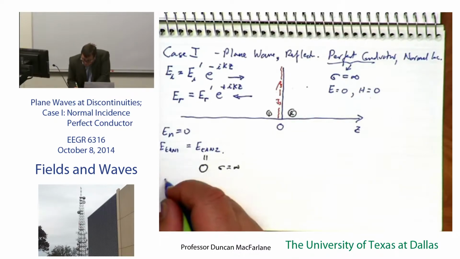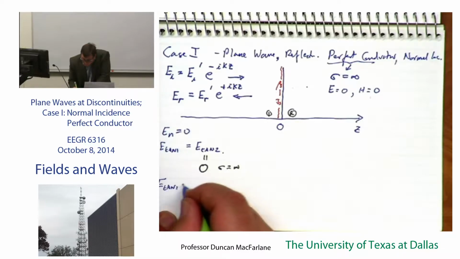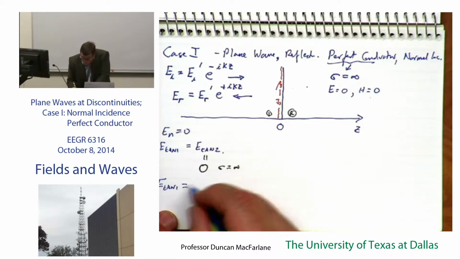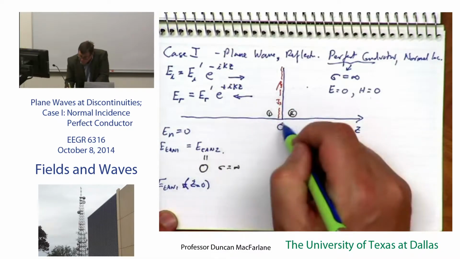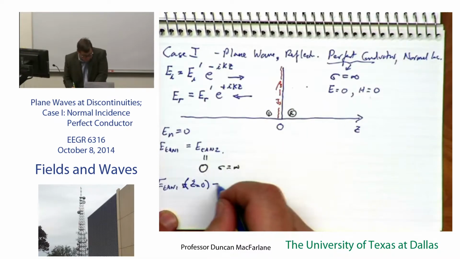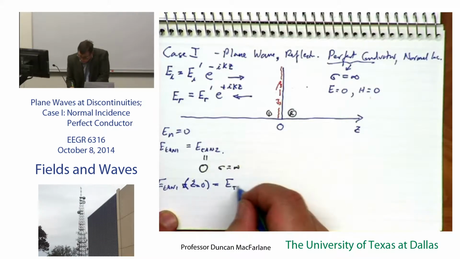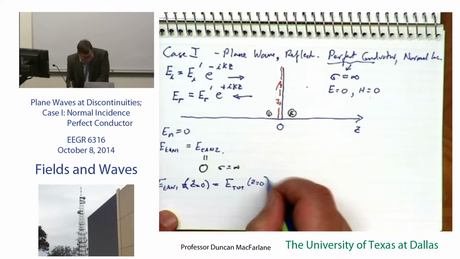E tangential 1, and I care about this at z equal to 0, right at the edge, is equal to the total electric field at z equal to 0.